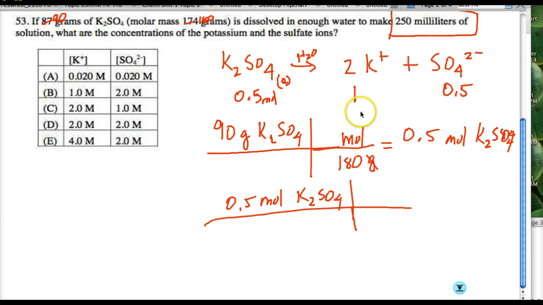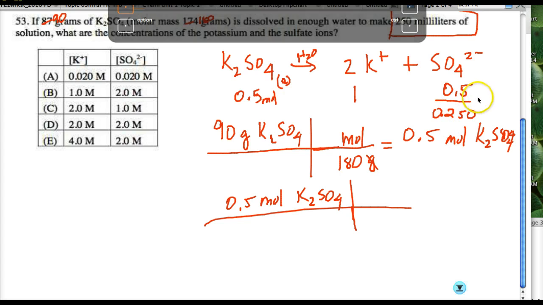So if I take the moles and I put it in 250 milliliters of solution, so 250 milliliters is 0.250, all right? So what am I going to get? What's that relationship?